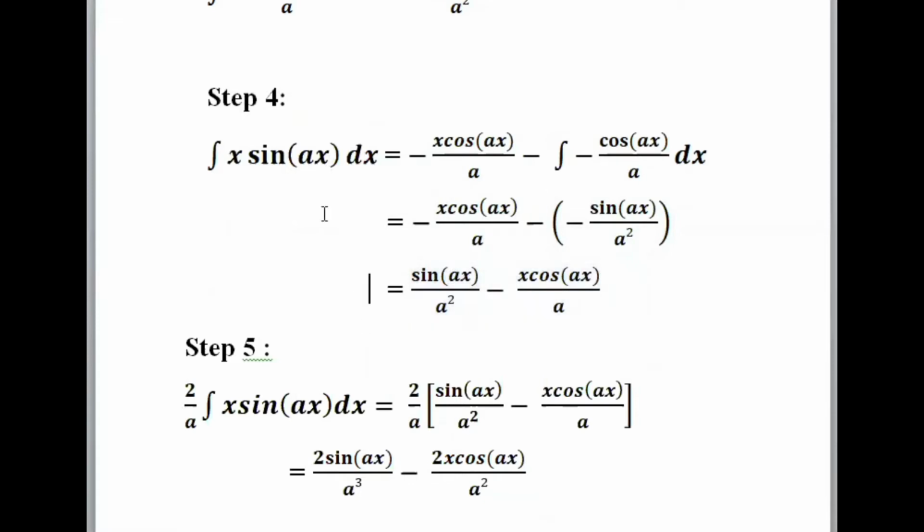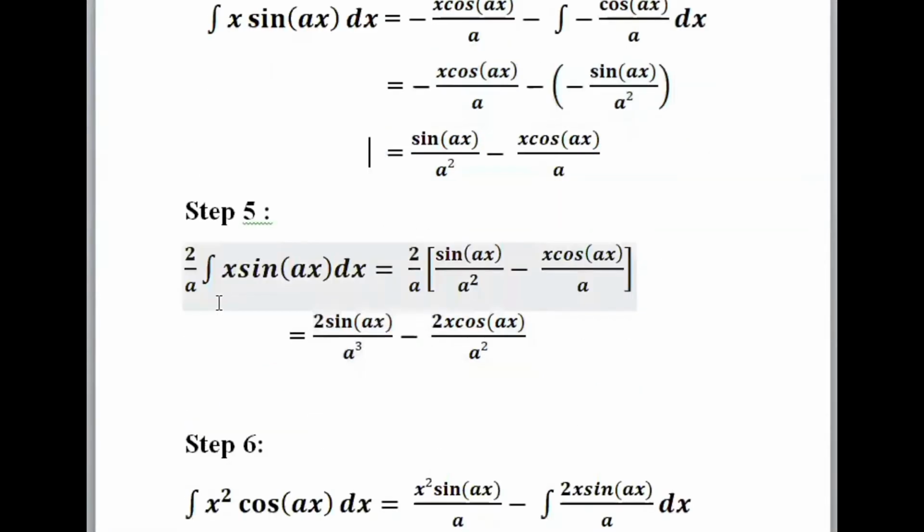After that, after we got the value for integrate x sine ax dx, we can solve this one, which is 2 over a integrate x sine ax dx. Substitute the value of integrate x sine ax dx.